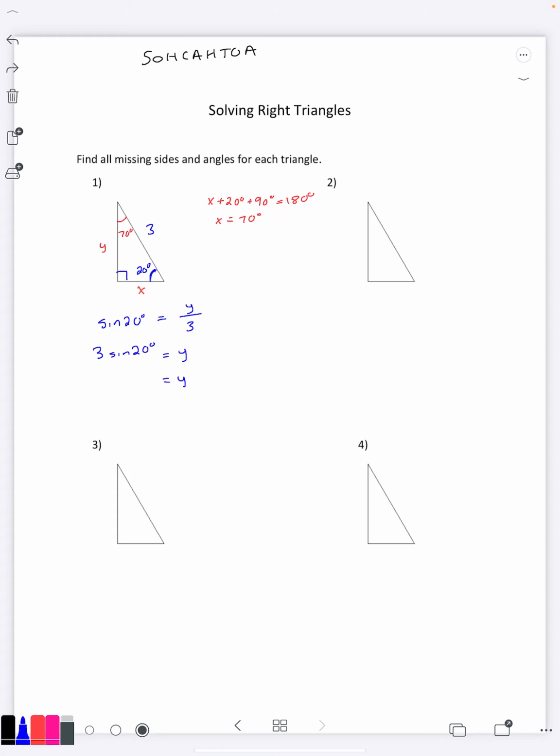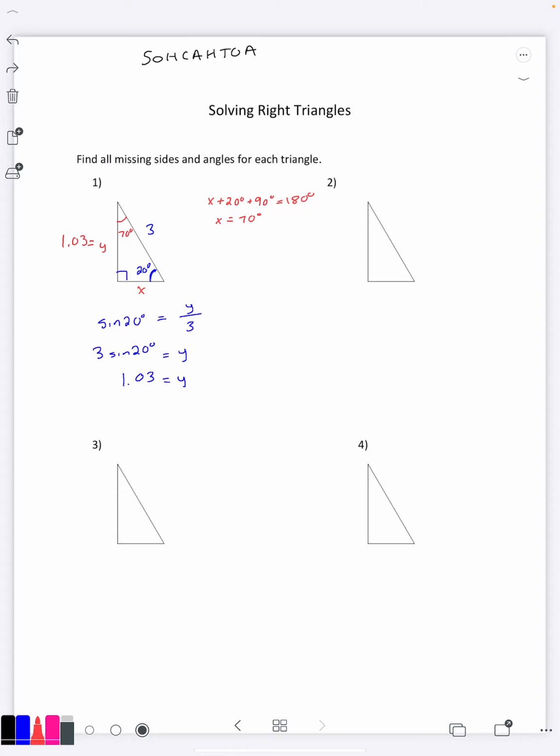And if we put this in our calculator here, keep in mind that you need to make sure you have it in degree mode, not radian mode, when we have our angles in degrees. So it's going to be some long decimal. I'm going to round it to 2 decimal places. So we have 1.03. So that means this missing side up here is 1.03.